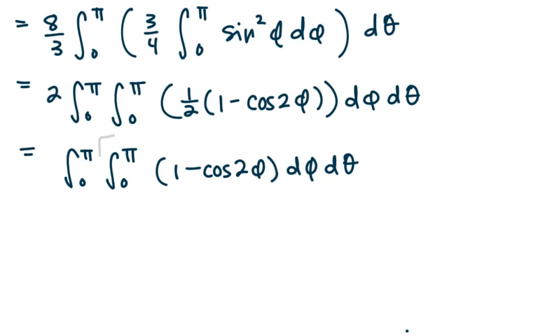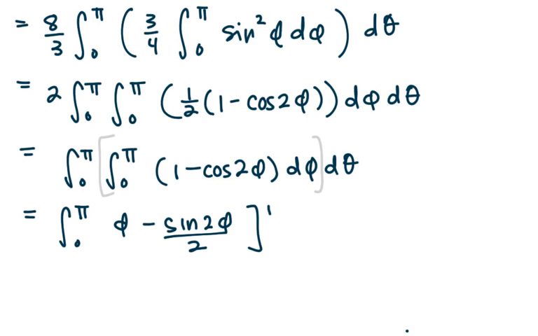Just looking at the inner piece with phi here, we've got 0 to pi, and I'm going to end up with phi minus the sine of 2 phi over 2, evaluated from 0 to pi, and then we'll still integrate with respect to theta. Plugging in pi or 0 here, both of the sine terms are going to go to 0.